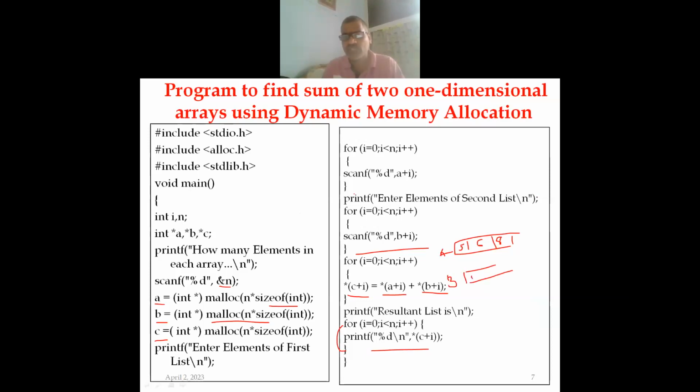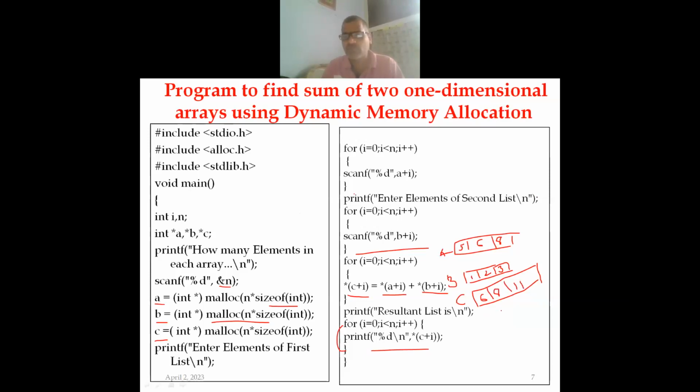These are the elements we have in the B array, and we want to store in the C array: in the 0th location, C of 0, we want to store 5 plus 1, 6, and 6 plus 2, 8, we want to store here, and then 8 plus 3, 11, we want to store here.